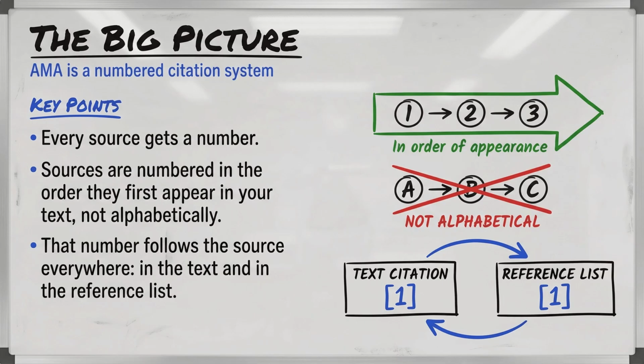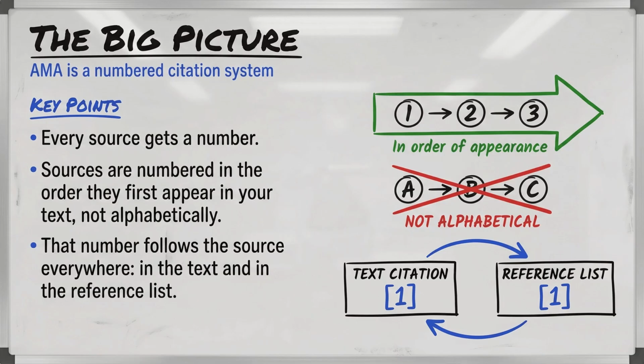Now, let's dive into the big picture of AMA style. The core idea is that AMA is a numbered system. AMA is what we call a numbered or Vancouver style system. The first source you cite is number 1. The second is number 2, and so on. This is the single biggest difference from APA or MLA, which order sources alphabetically by author.